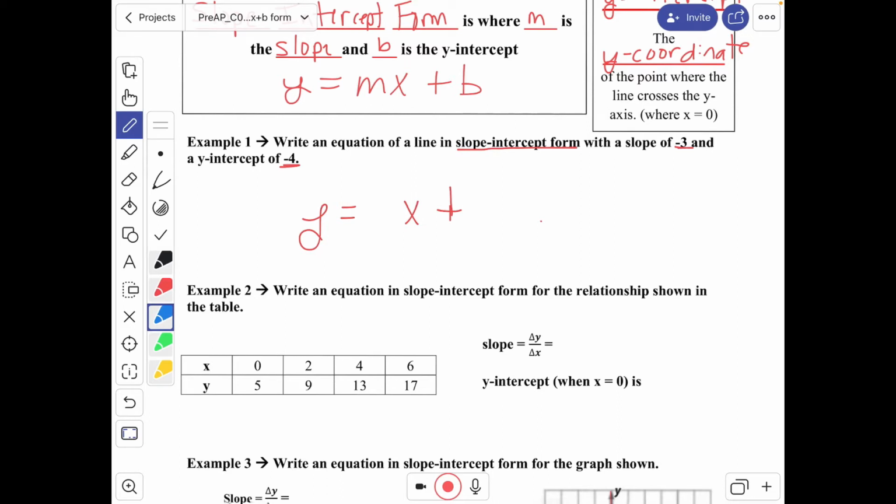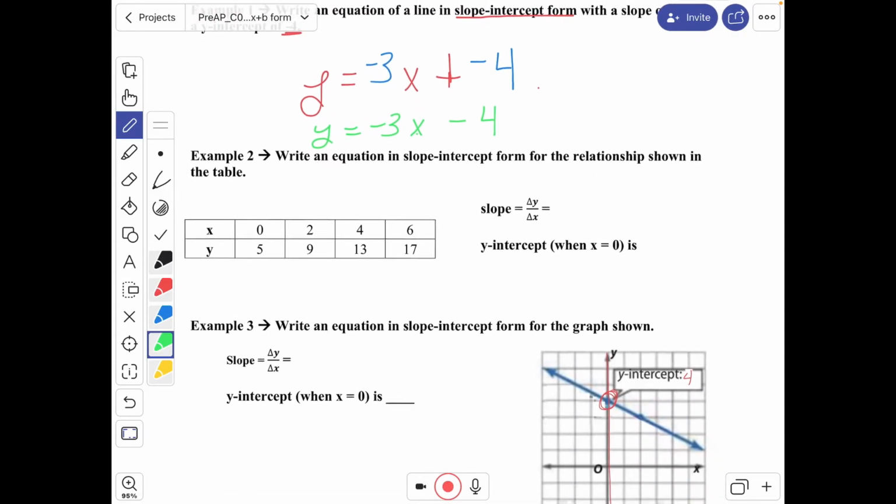The number that goes in front of x is always the slope, and the y-intercept is always the number by itself, the constant, the b. You can also write it as y equals -3x minus 4. Remember our integer rules. -4 is the same as plus a -4. So those are the same thing.